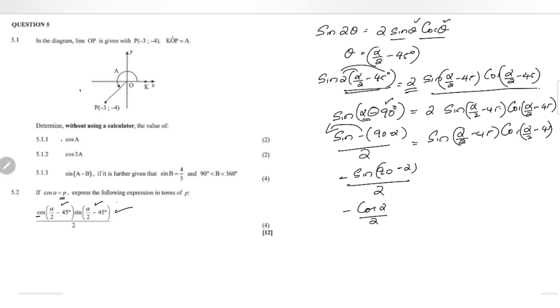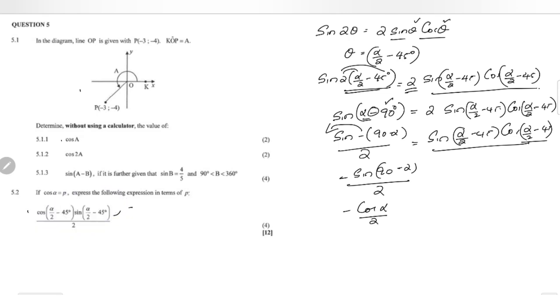So instead of this numerator, we can write minus cos alpha divided by 2. Let me write alpha properly. So sine of this binomial times cos of this binomial is equal to minus cos alpha over 2. Let me rewrite this. What is in the question?